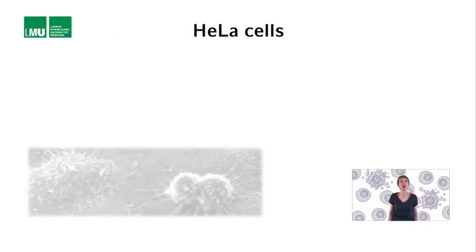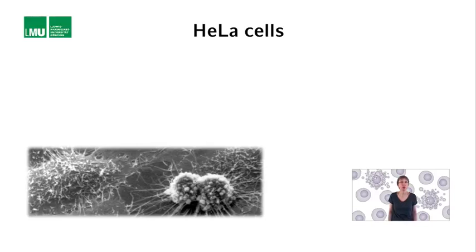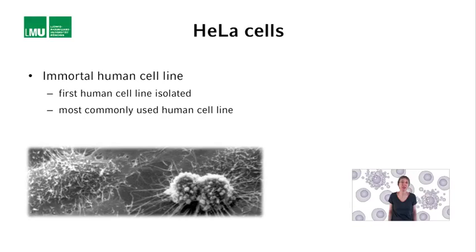And just a couple of words about HeLa cells, which some of you might have heard of already or might even have worked with already. The HeLa cell line is an immortal human cell line. It is actually the first human cell line isolated, and it is also the most commonly used human cell line, even today.